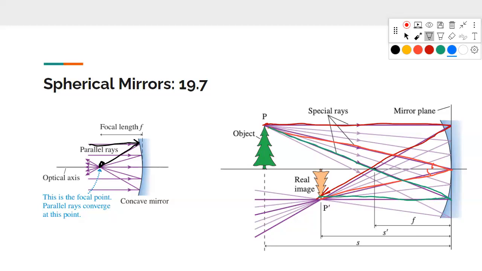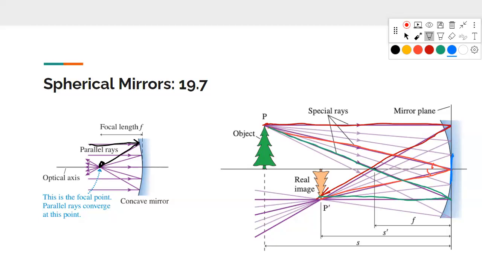You can imagine drawing a tangent line here, and it would just be a flat mirror. So very similar to the case of the lens, where light traveling through the center experiences that as if it's just a flat piece of glass and it's not bent. For the mirror, we just say that it is bent, but only by the law of reflection, not by any shenanigans with the curvature of the mirror.